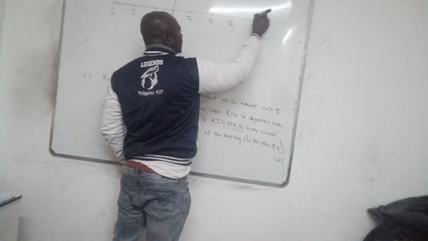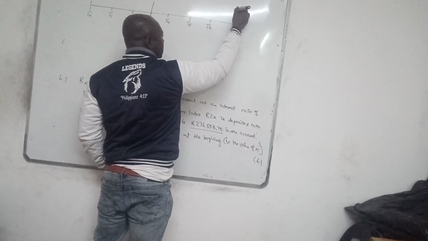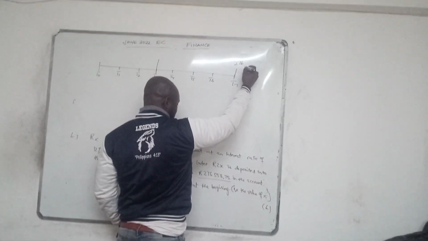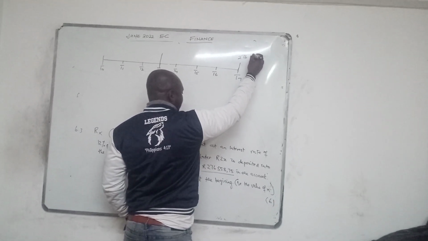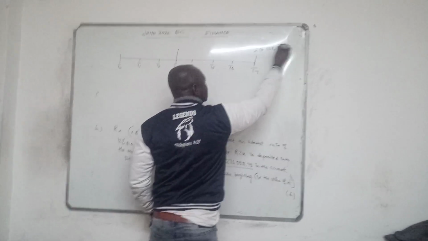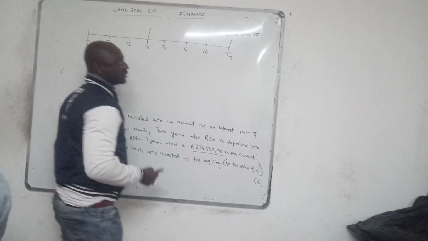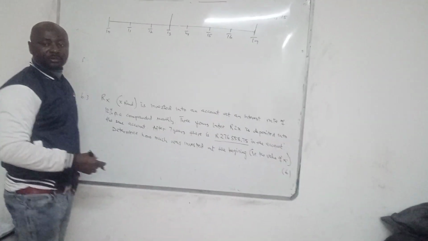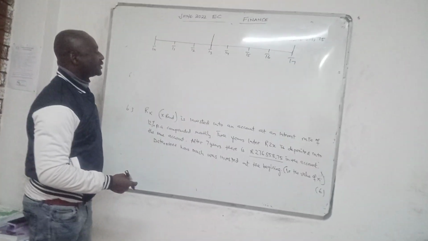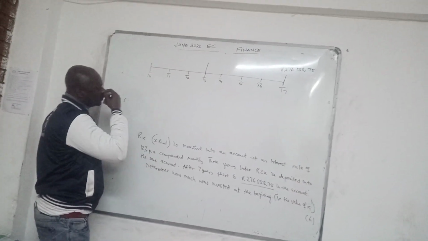At the end of this investment, how much did we have? 276,558.75 rand was in this account by the end of 7 years.